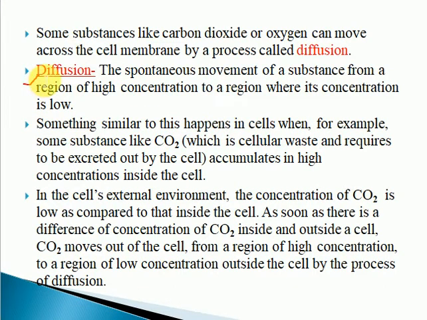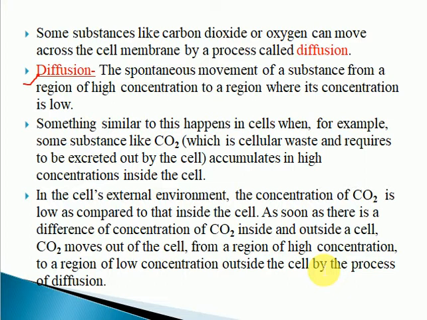Okay, now let's see the definition of diffusion once again. The spontaneous movement of a substance from a region of high concentration to a region where its concentration is low. Something similar to this happens in the cell. For example, substances like carbon dioxide accumulate in high concentration inside the cell. This point I have explained to you.